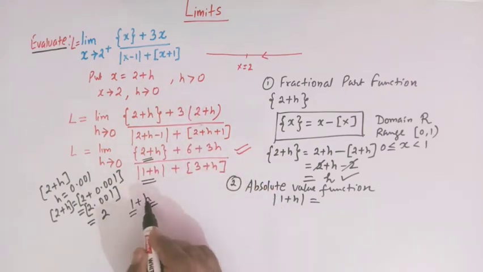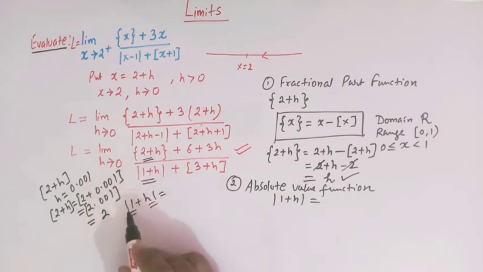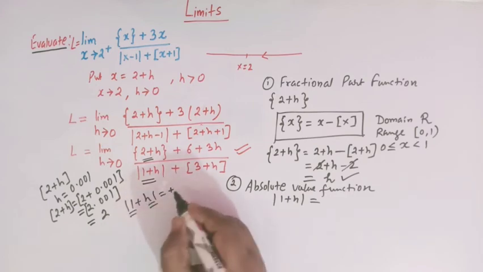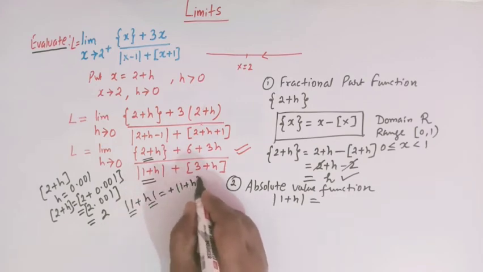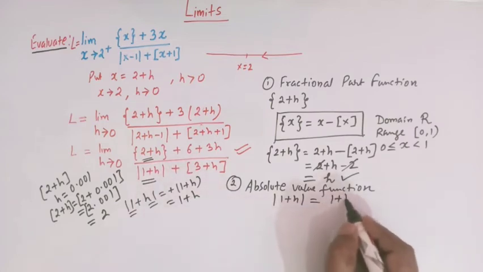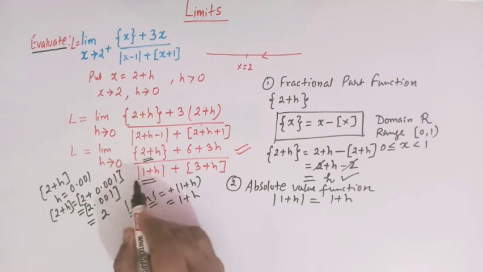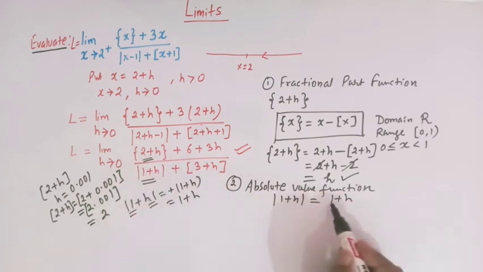So 1 plus h is a positive quantity, so by the definition of the mod function, the mod of 1 plus h is simply 1 plus h, right? So here we'll replace the mod of 1 plus h by 1 plus h, right?